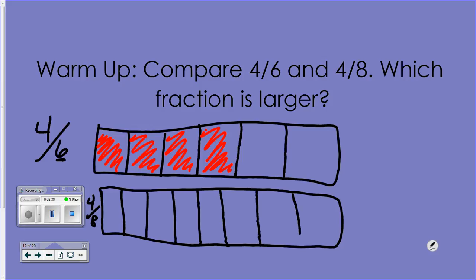All right, I've broken it into 8ths. Can I shade any random 4 I want to? Yes. But again, I want to start at the same end so I can easily tell which one is going to be longer and therefore larger.